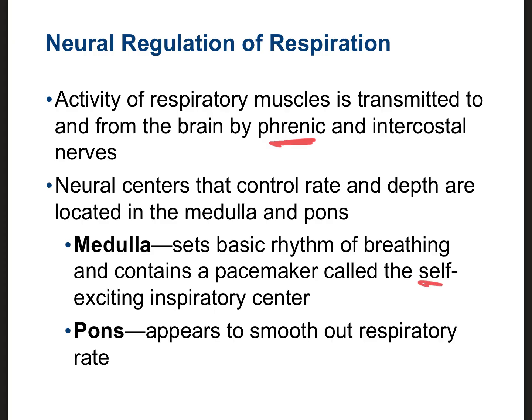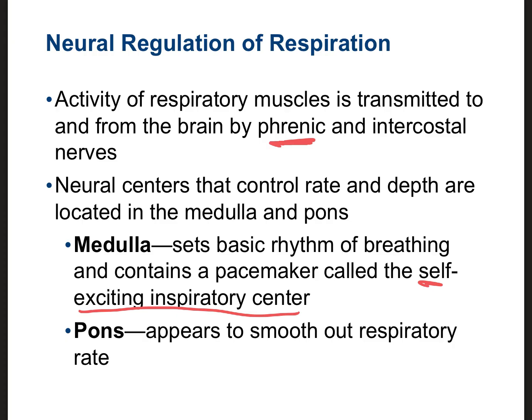What does that mean? Self-exciting inspiratory center. So, inspiratory means what? Inhale. All right?